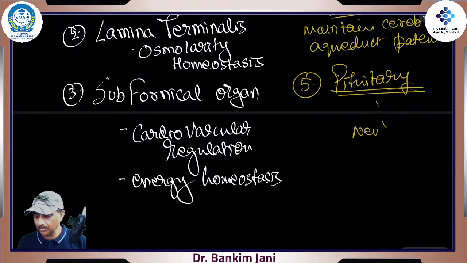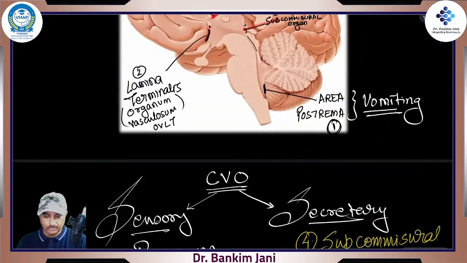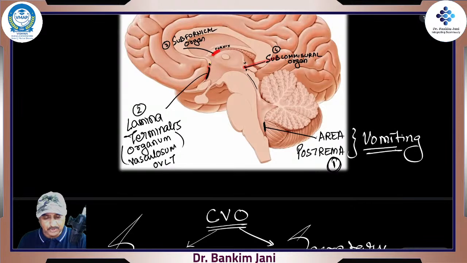The neurohypophysis. That is easiest. This is our anterior end, that's posterior, and this is our pituitary. So this one is the posterior pituitary.